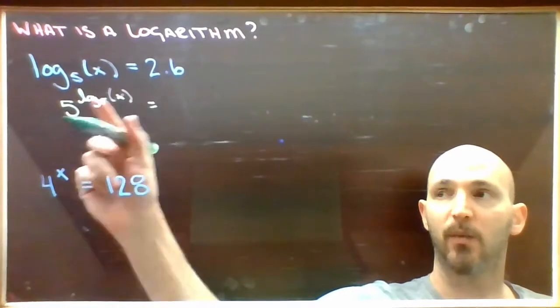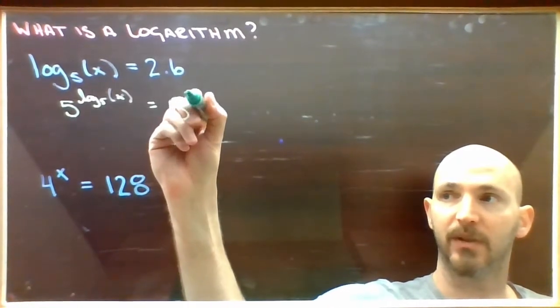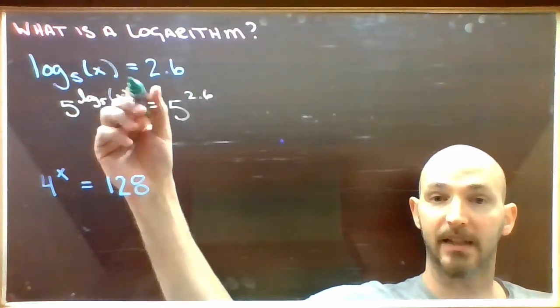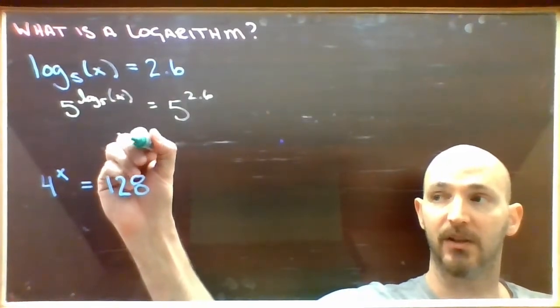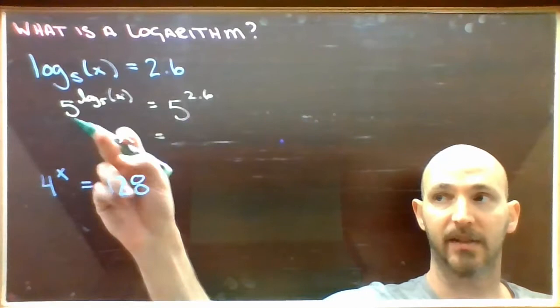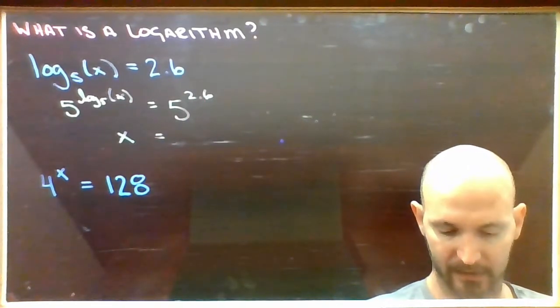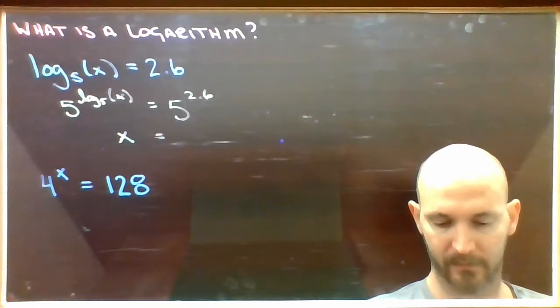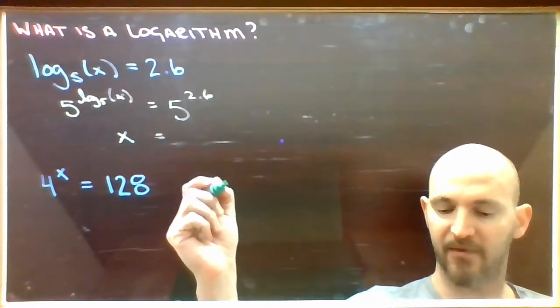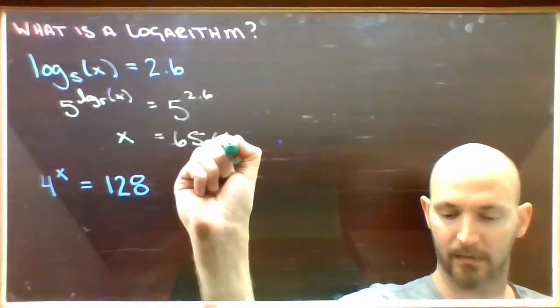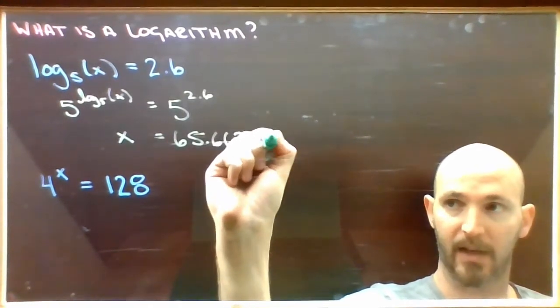But if I do it on one side, I'm going to have to do it on the other. A function and its antifunction pair undo each other, so I'm left with just x on this side. And 5 to the exponent 2.6 is 65.66319511.